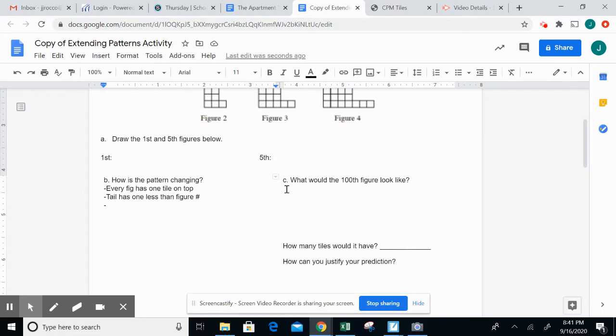I'm going to say the body has dimensions, and that's the length up and the width across, has dimensions figure number by the figure number plus 1.